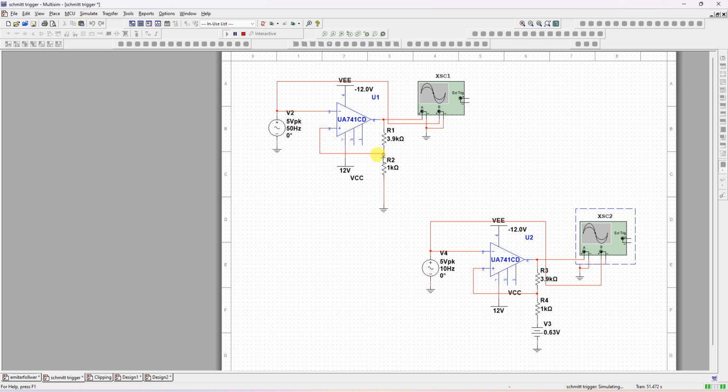Both LTP and UTP are the same value, plus or minus 2 volts, plus or minus 3 volts, same UTP and LTP, only the sign changes. But here you can also have different UTP and LTP. For this we need a reference voltage also. Okay, thank you.